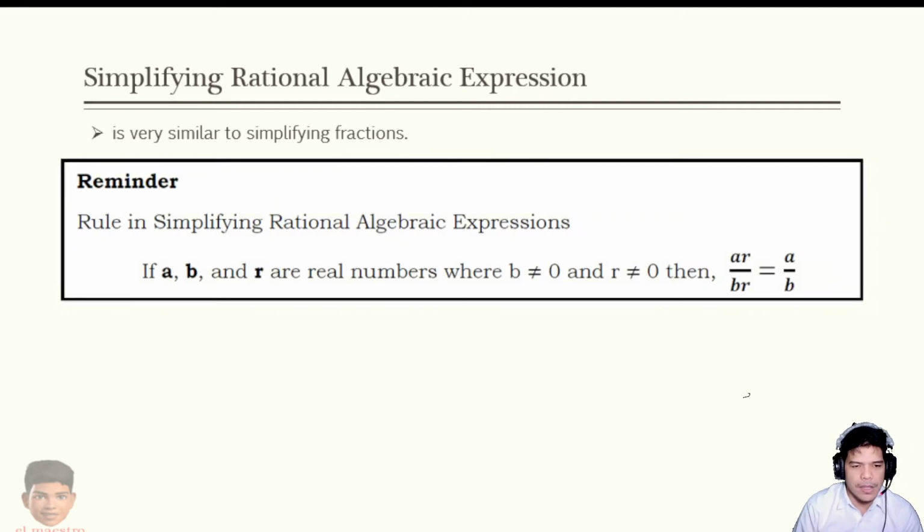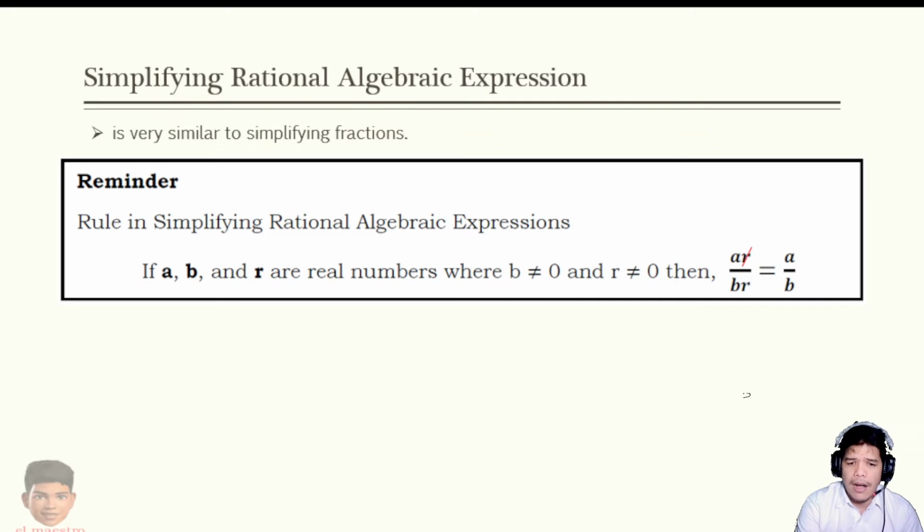Okay. So, this is just a reminder to simplify rational algebraic expression. This is the rule. Okay. If a and b and r are real numbers where b is not equal to 0 and r is not equal to 0, okay, then ar over br is equal to a over b. Why?